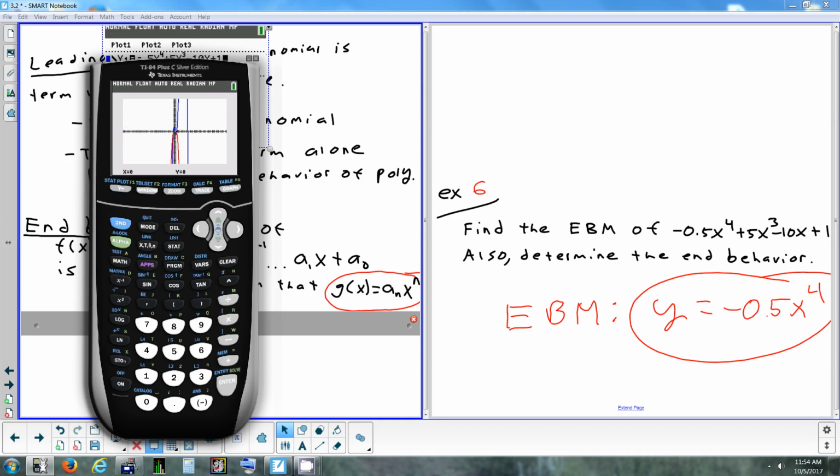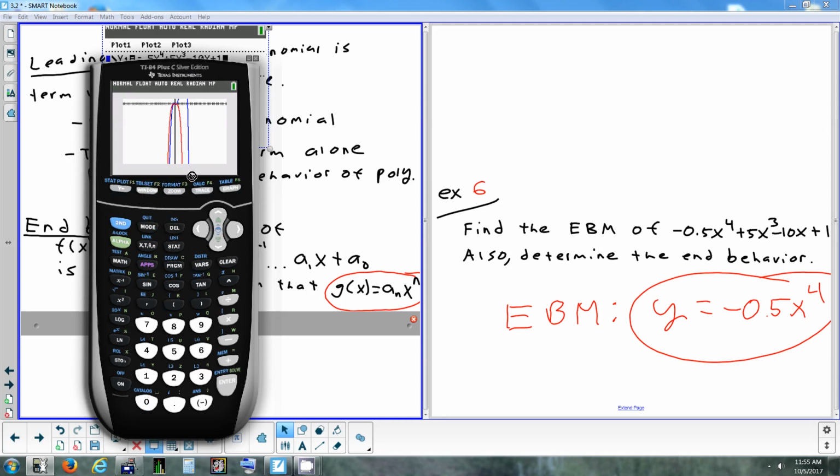But let me set my y min way down. Let's try negative 500. There's your blue one. There's your red one. What are you starting to notice about this red line and this blue line?